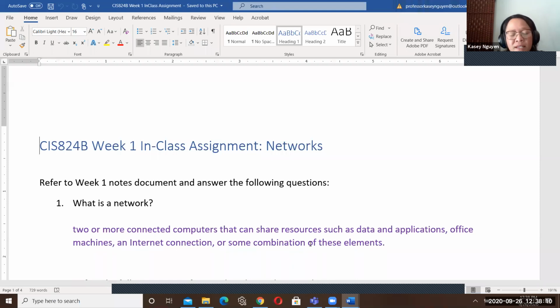A business needs to have a network so they can process credit card transactions. They can access a database of their products. They can have reports from one branch to another, like Walmart, one store to another store. How do they know if there's a product that's available at another store, right?